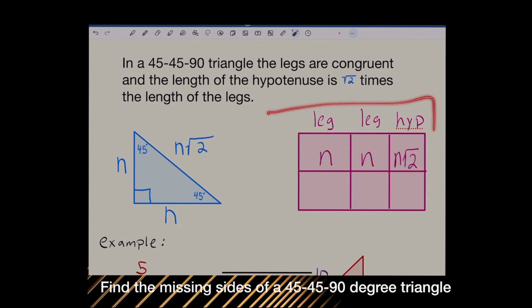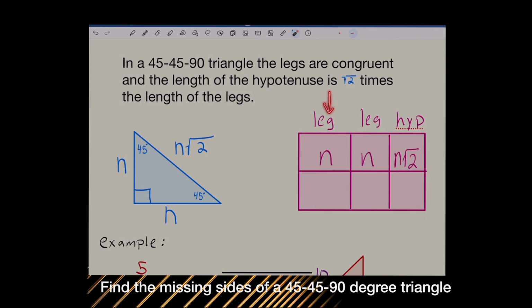The way we're going to solve these is by putting this table together. It's going to sound silly if we're given the n value, because it's just whatever it is. Where it gets a little trickier is when I'm giving you the hypotenuse. So we're going to build this table to help us do this. And here's what the table represents.